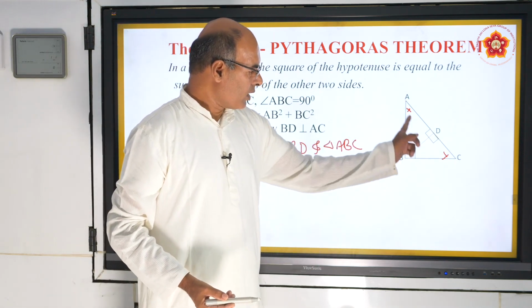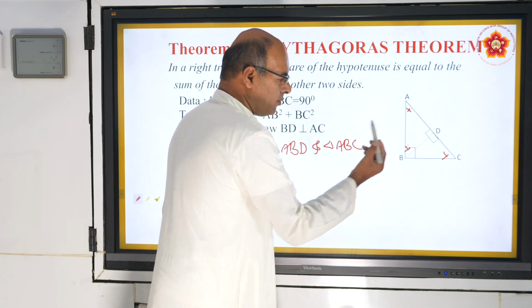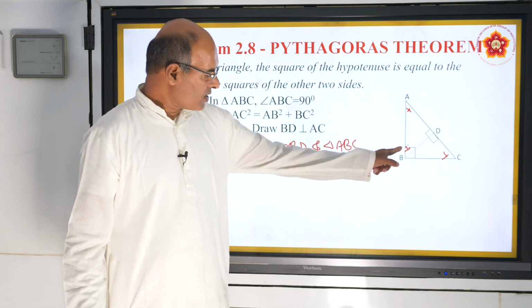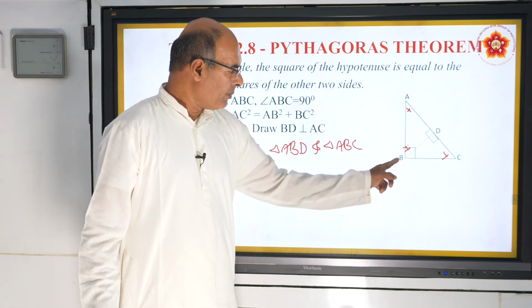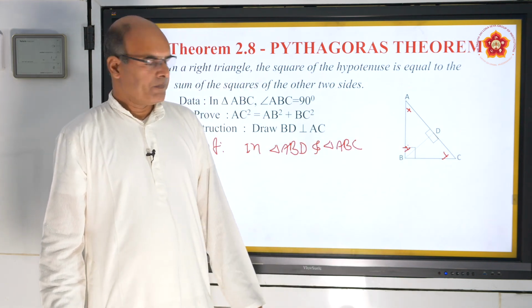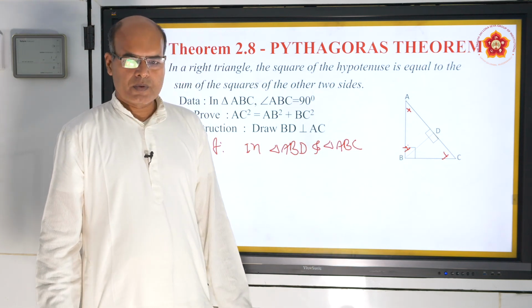Here x plus y is equal to 90 degree, therefore here also it must be y. The sum of these two angles, that means angle ABD plus angle DBC, is 90 degree. If one of the parts is y, then what is the other part?